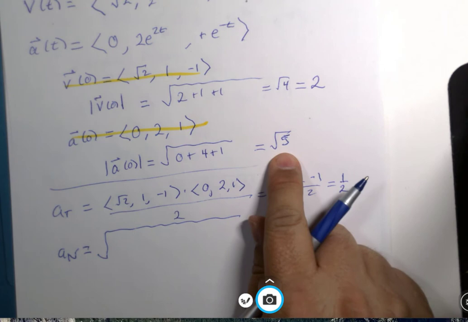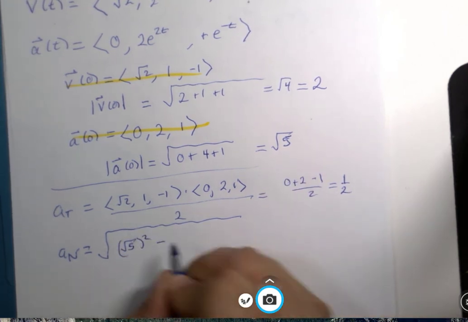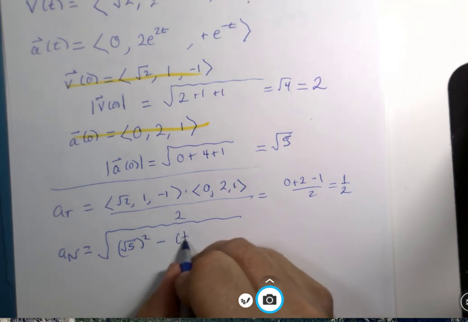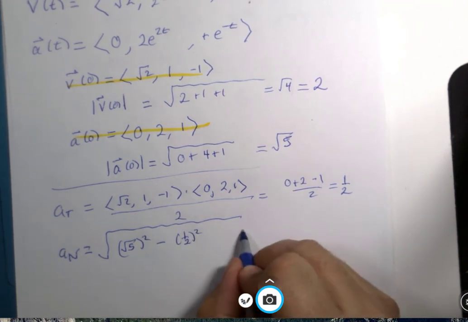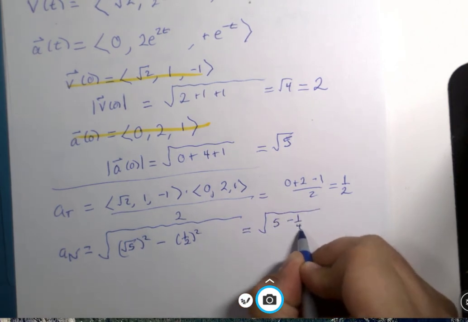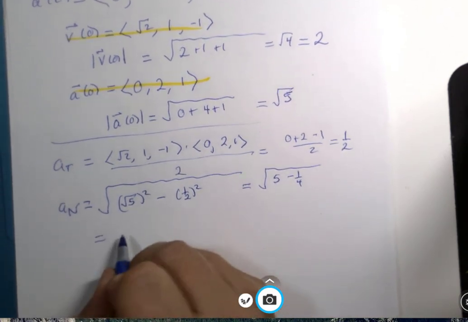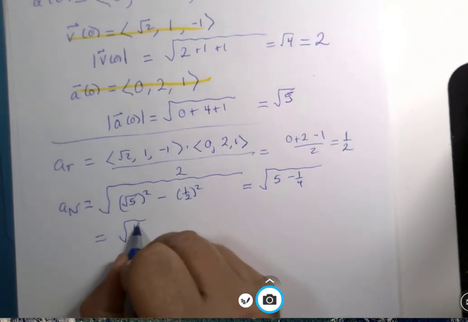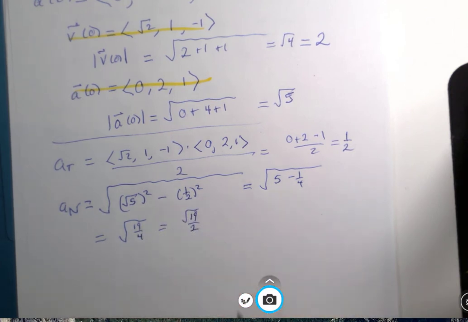Magnitude of acceleration squared, root 5 squared, minus 1/2 squared. Let's see here. 5 minus 1/4. Oh, that's going to be the square root of 19/4, or root 19 divided by 2.